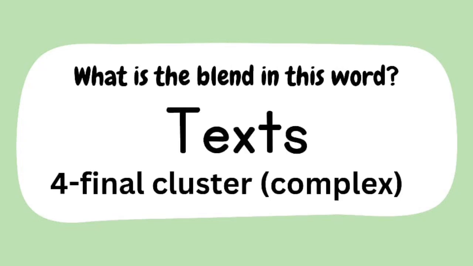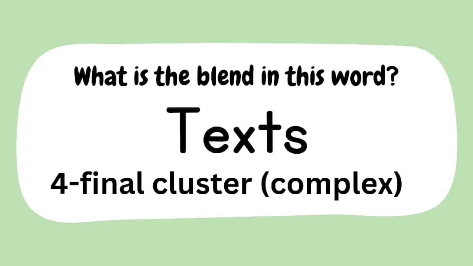So just as I said earlier, there are some rare occasions where we have 4 consonants clustering at the final position of words, but it is on fewer occasions than others. An example is the word texts. Then I also said we have an example as twelfths.